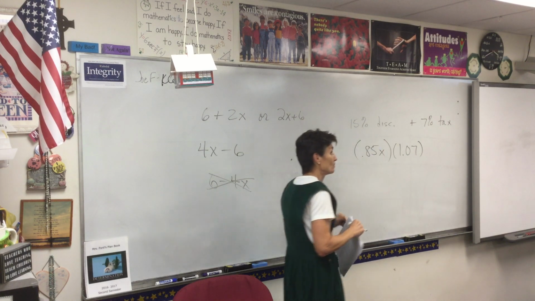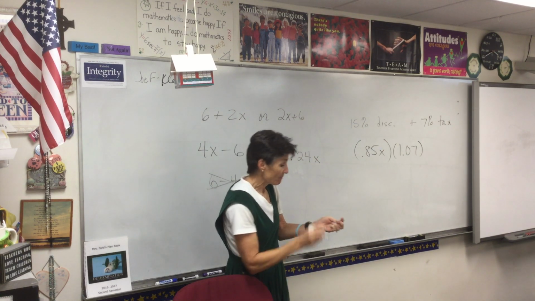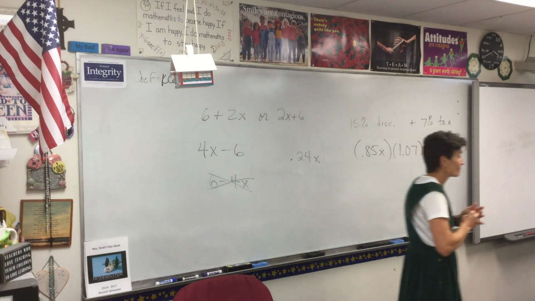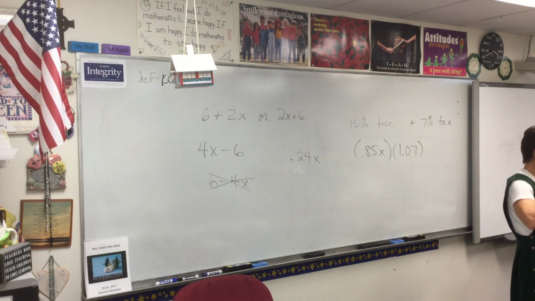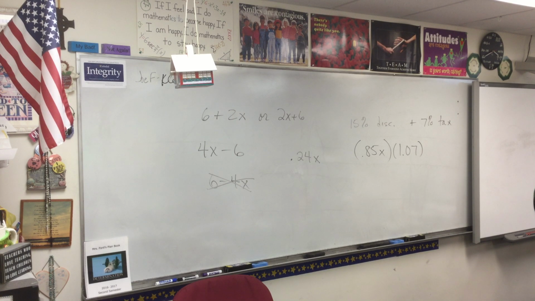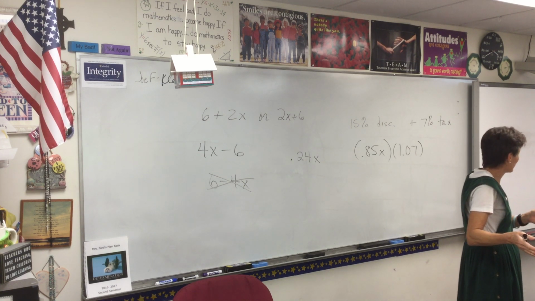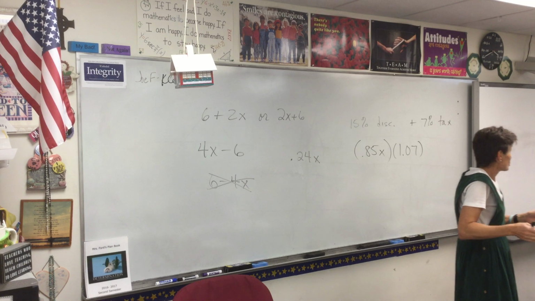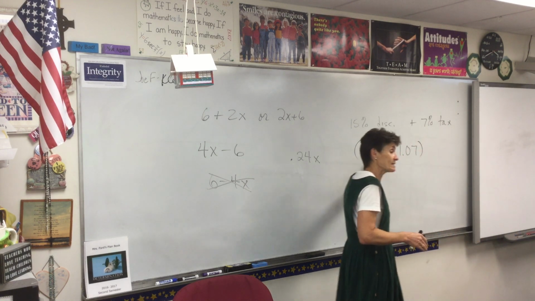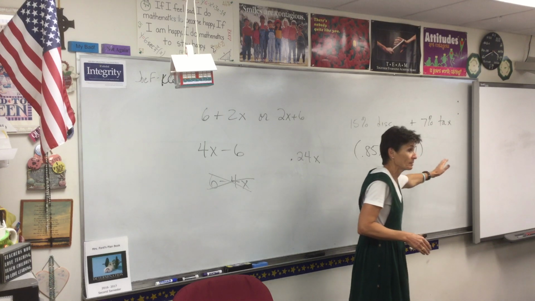That is exactly right. Kids, if there is a discount, you're taking the 100% price and subtracting off the discount. That's how I got 0.85. If I am adding on a tax, then I'm going to take the original 100% and add on another 0.07. So now instead of doing all those steps, I'm doing one multiplication.